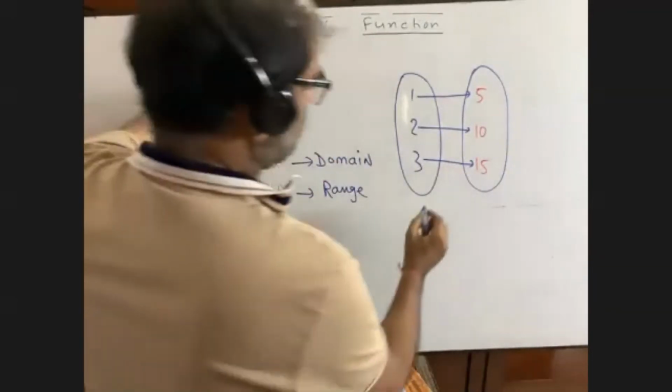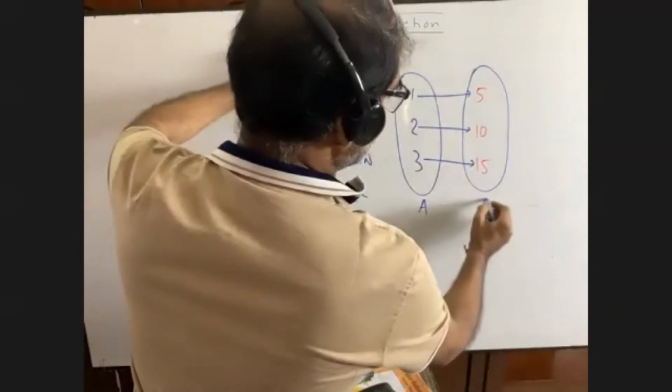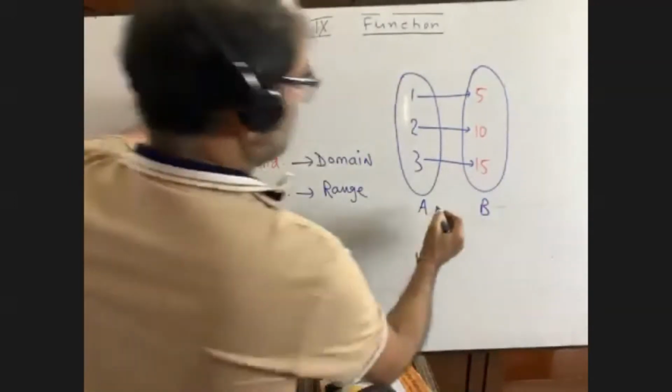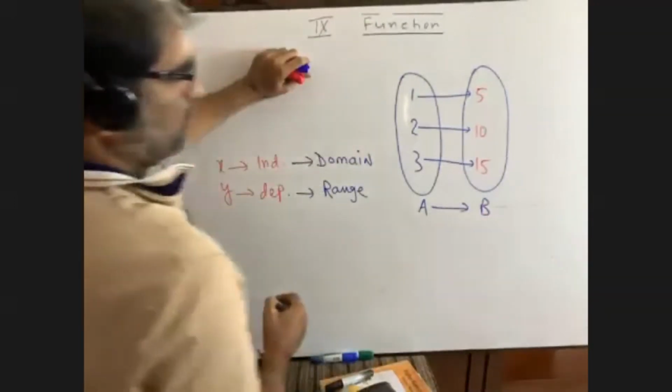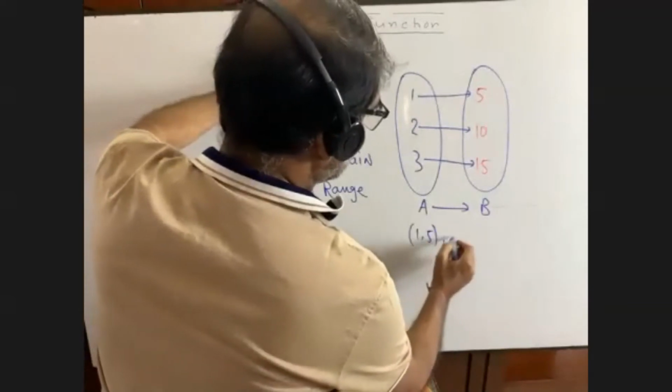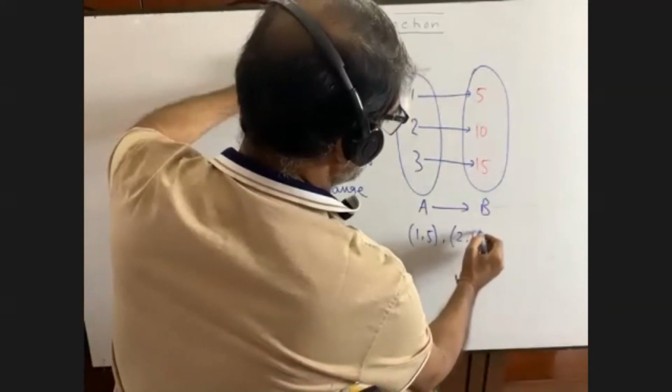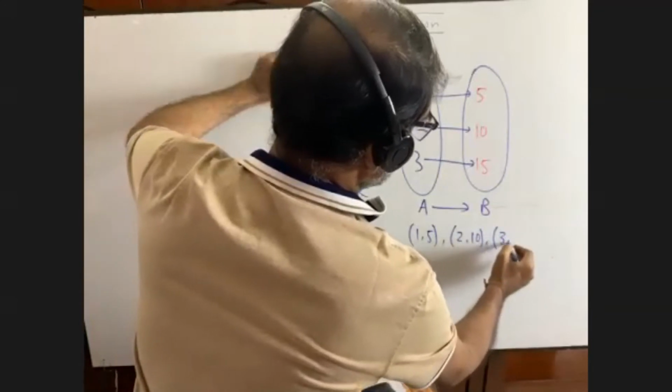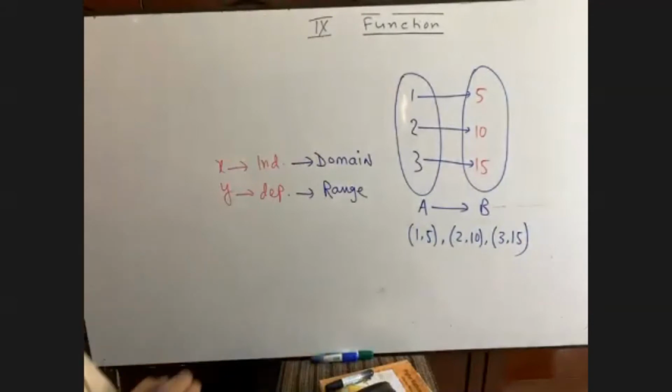So we are getting A to B: 1, 5, 2, 10, 3, 15. Actually, what we are getting here?